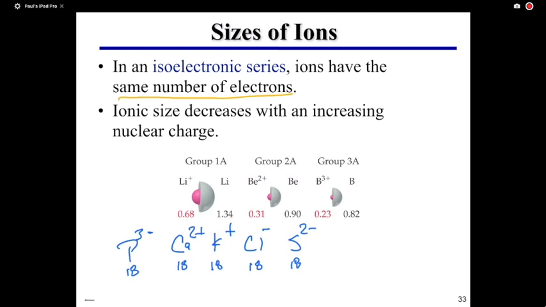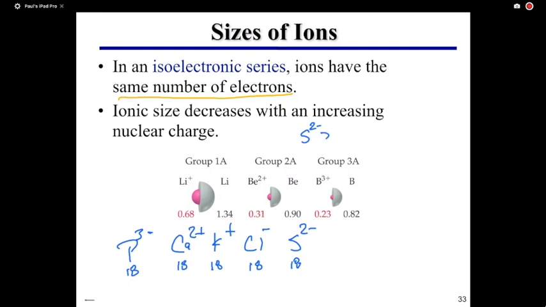The easiest way to think about size in an isoelectronic series is this. Going to Weight Watchers. Who gained the most? Who lost the most? The one who gains the most is the biggest. The one who lost the most is the smallest. So in this case, an isoelectronic series would put it this way.